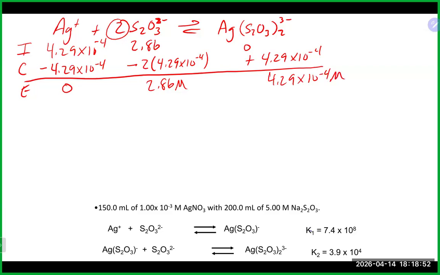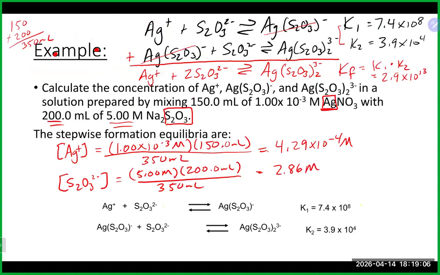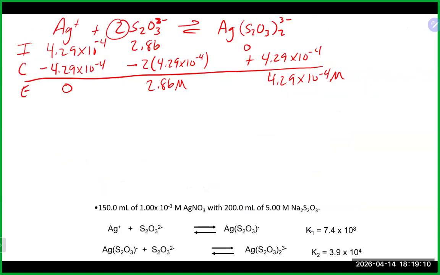So doing this first ice table with the overall reaction actually gives us 2 of the answers we're looking for. We now know that the concentration of S2O3 2 minus is going to be 2.86.